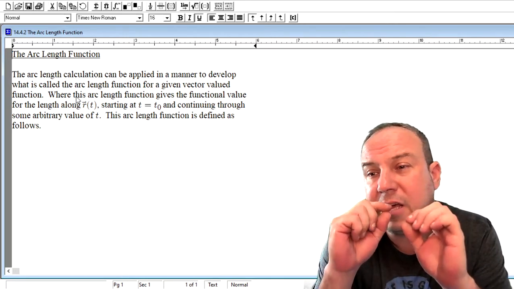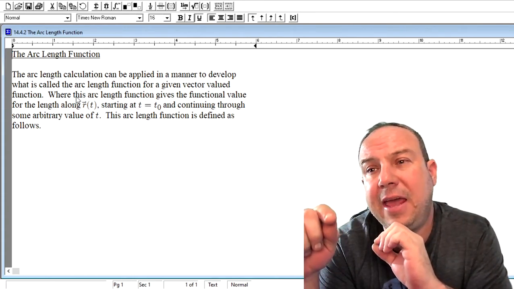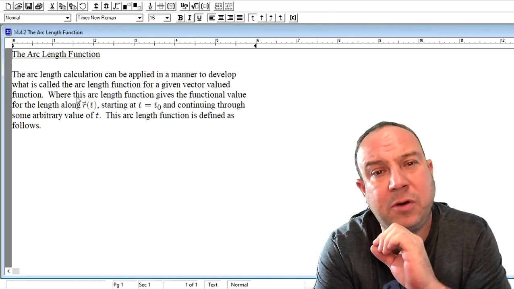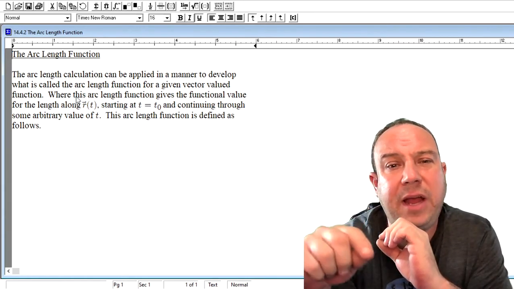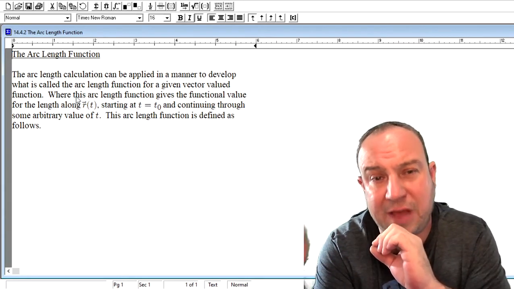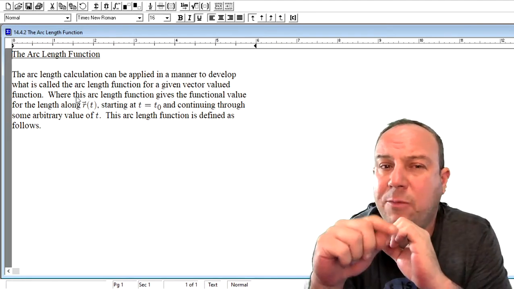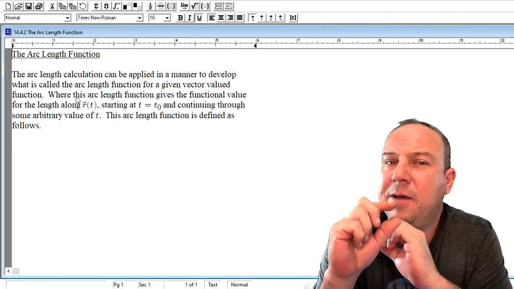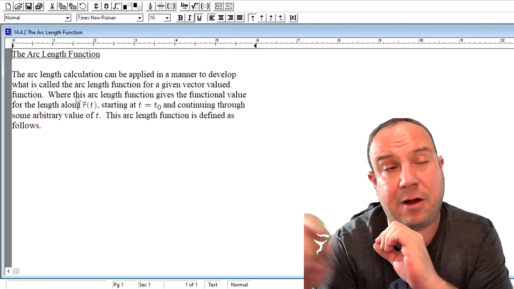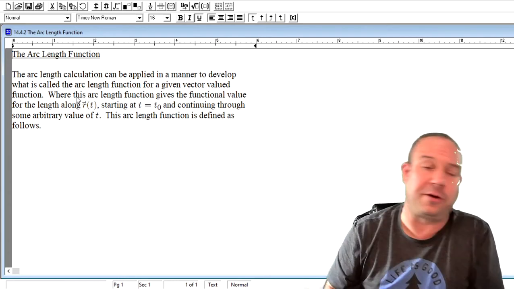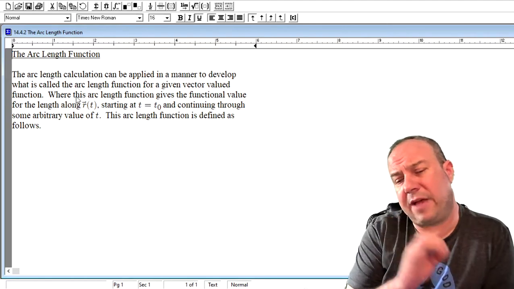And with that reparameterization, we can define a concept known as curvature, right? Curvature is the rate of change in the unit tangent vector with respect to length along the curve. Not with respect to any arbitrary parameter t, but with respect to what we know as the arc length parameter. That arc length parameter is going to help us define curvature in the next section, so it's going to have its usefulness there.